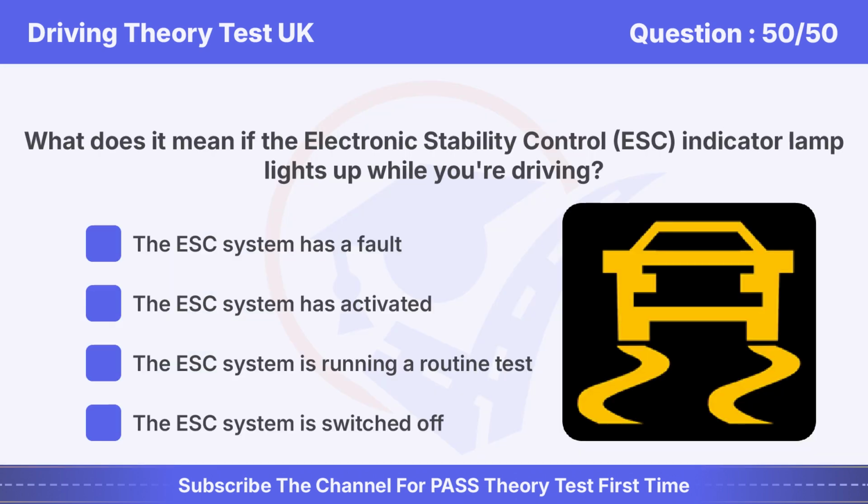Question 50. What does it mean if the electronic stability control (ESC) indicator lamp lights up while you're driving? Answer is B. The ESC system has activated.